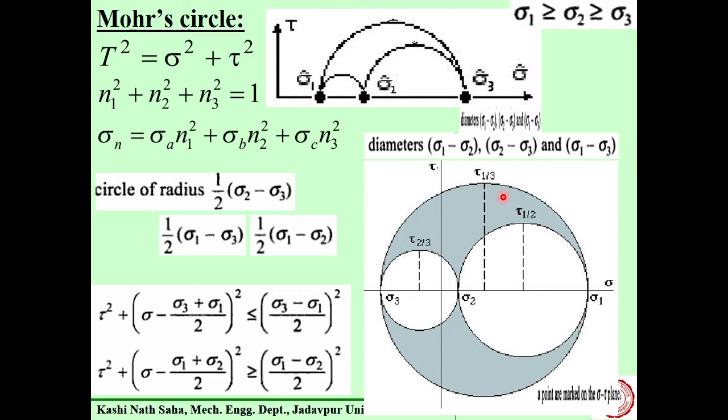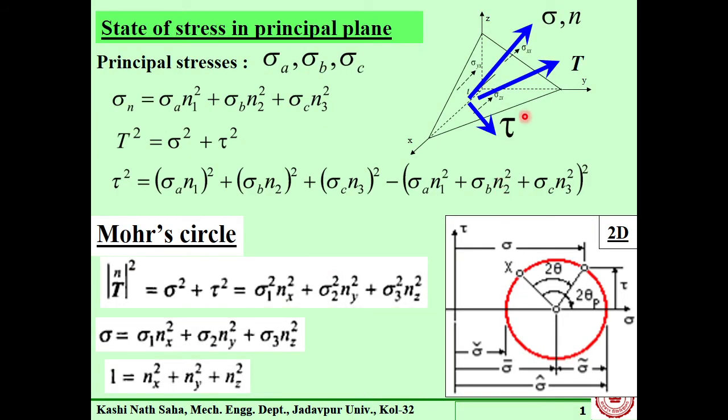So now, for shear stress, it is not that corresponding to maximum shear stress our sigma n will be 0. It is not that. But if principal stress is maximum, tau is 0. That is true.